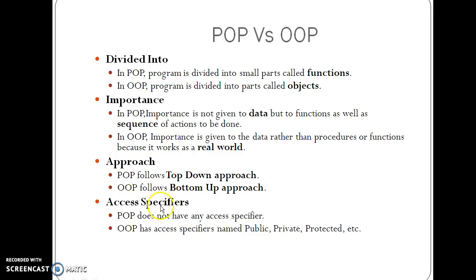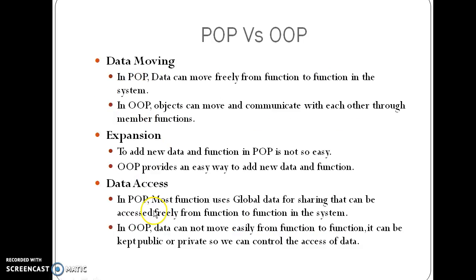Then the next parameter is access specifiers. Procedure oriented programming does not have any access specifier. In object oriented programming we have access specifiers: public, private, protected, etc. Then the next parameter for comparison is data moving.